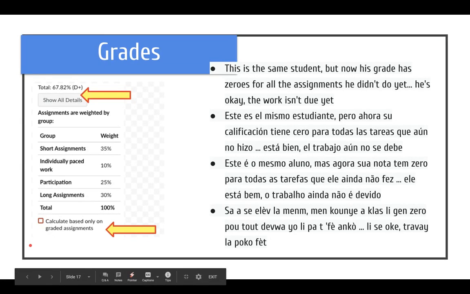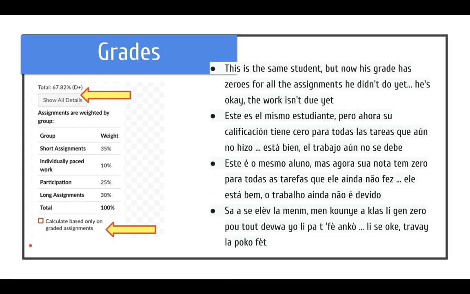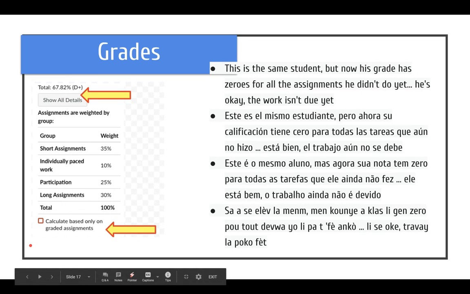Now, his grade has zeros for all of the assignments that are in Canvas, but he didn't yet complete. This can lead to thinking the grade is low, but really, these assignments are not due yet.